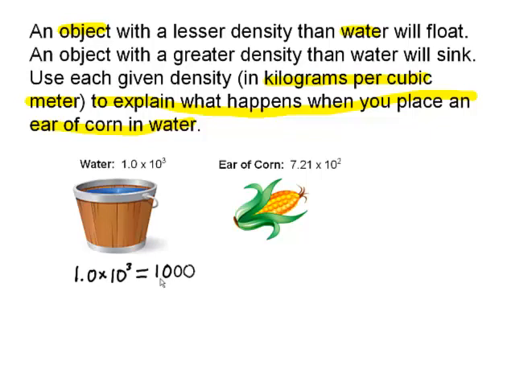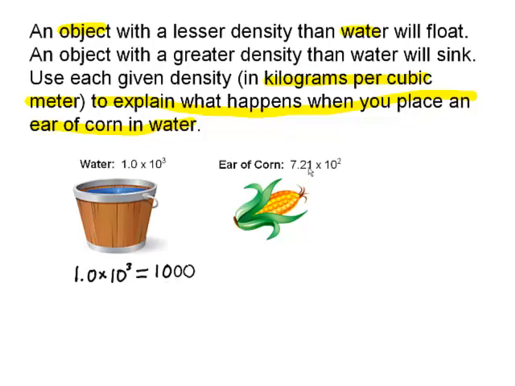And then when we move that decimal place 3 places to the right, 1, 2, 3. This is where the decimal point would go. We don't need it there because that makes 1,000 a whole number, so we don't need the decimal point. So the density of water is 1,000 kilograms per cubic meter.